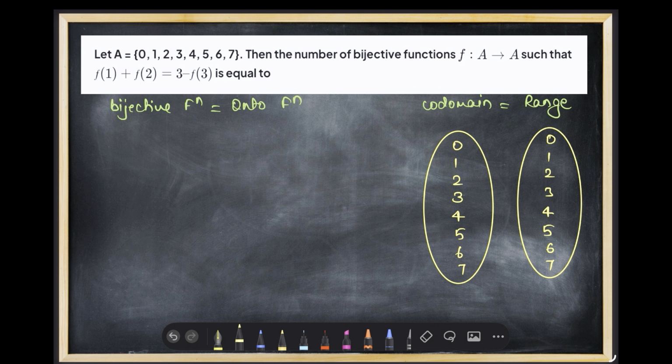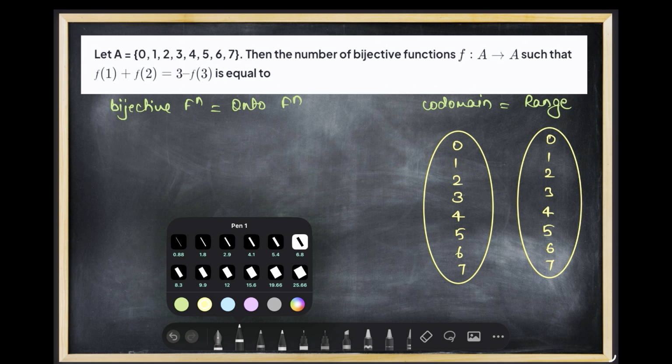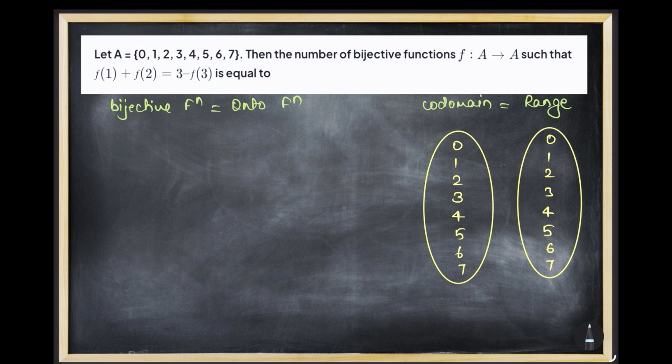So 7 elements are in set 1, 7 elements are in set 2. So only if you make one function, your bijective case will be done. Correct? So we will focus on one function. Now, there is one condition that f(1) + f(2) + f(3) is equal to 3.